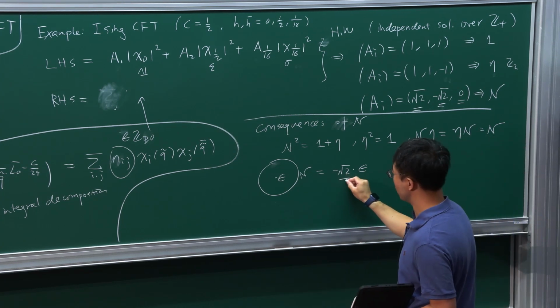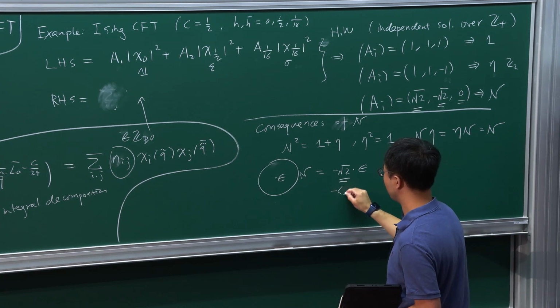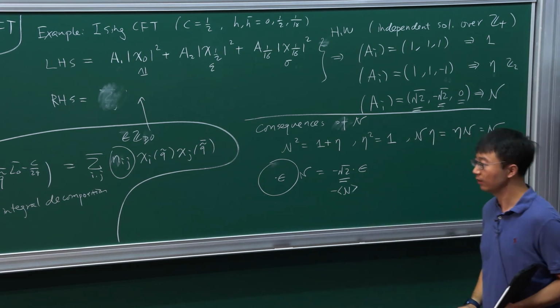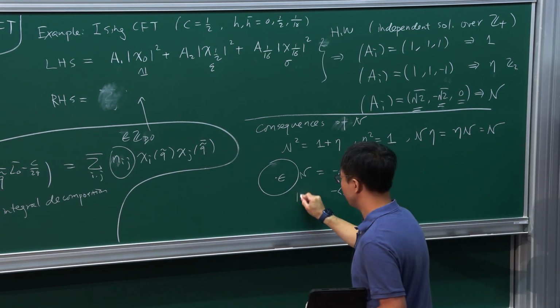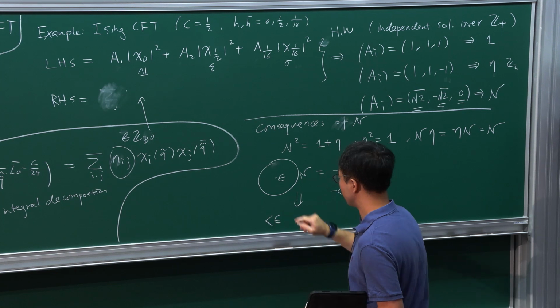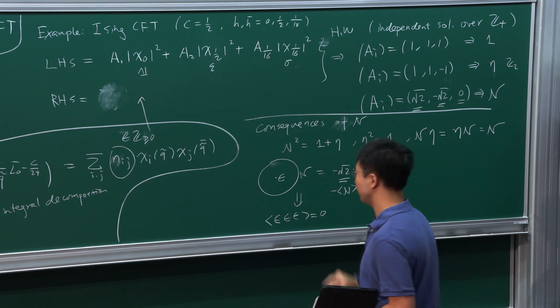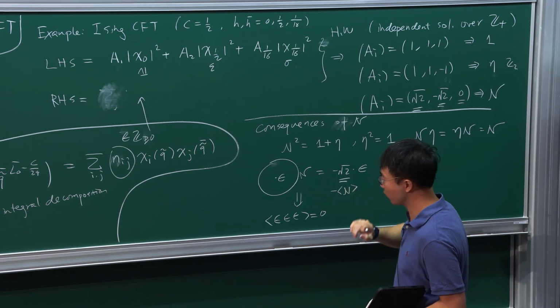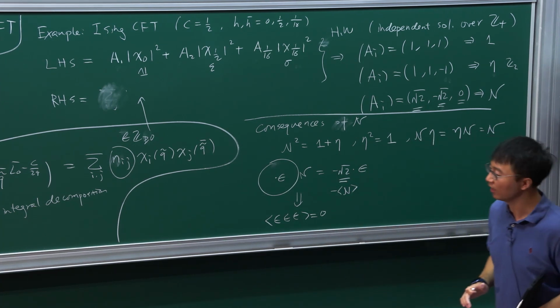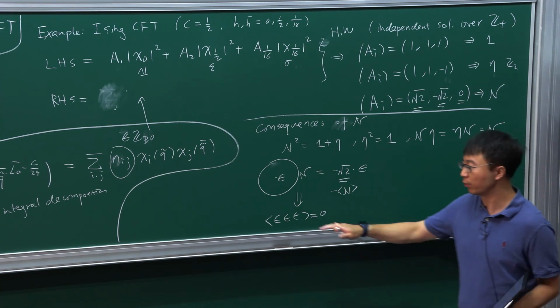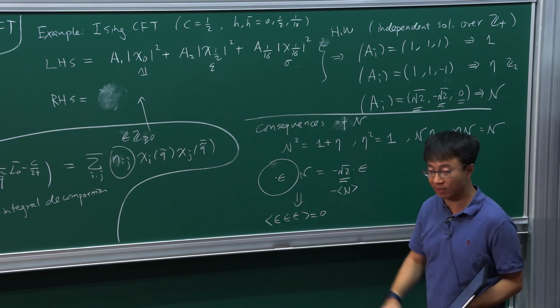And minus square root 2 is precisely minus the quantum dimension of N. And this is what explains the Ward identity, using this symmetry property, that explains the vanishing of the correlation functions of an odd number of identity operators, especially the case of a 3-point function.